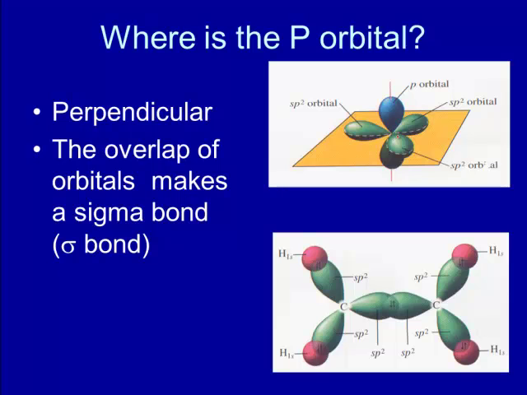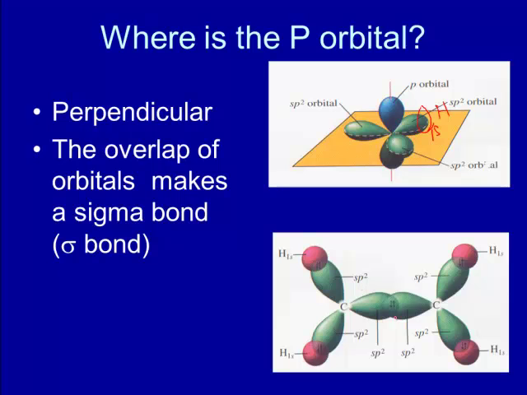And as you can see, if we start linking this hybridized orbital with the hydrogen, this will be the 1s for the outside hydrogen. The unoccupied p orbital is perpendicular, going straight through this paper.